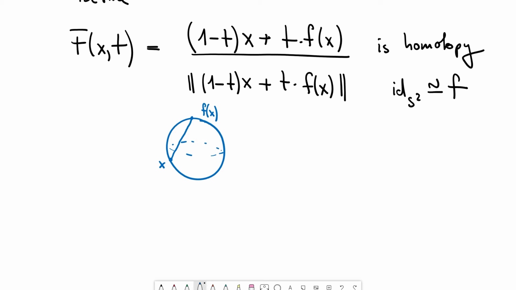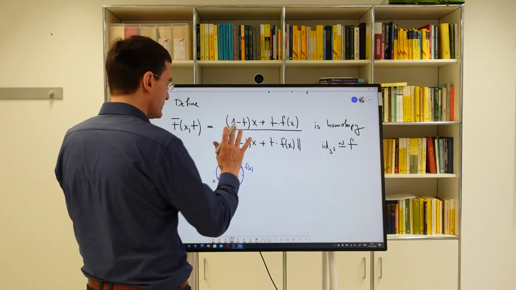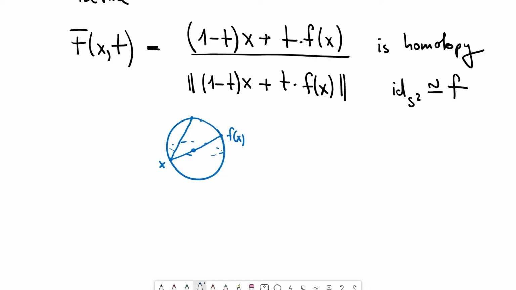This line should not go through the origin, and it goes through the origin in a situation where f(x) is the antipodal point. So if f(x) is here, antipodal, so f(x) is equal to minus x, then we would go through 0, but this we avoided. f(x) is never equal to x and it's never equal to minus x, so this is well defined. The second homotopy is a homotopy from minus the identity to f.